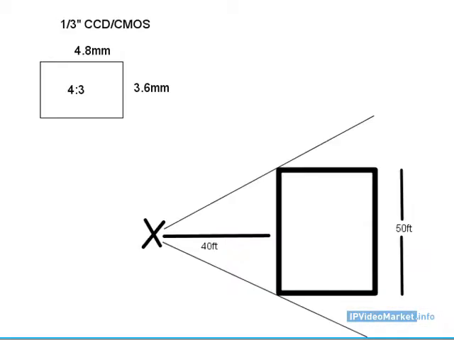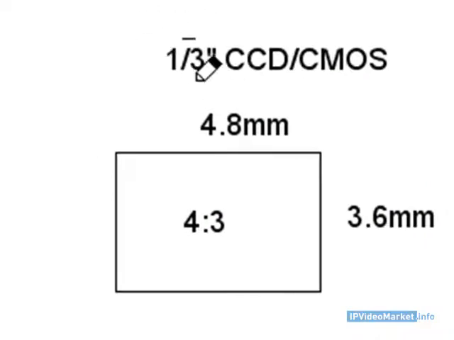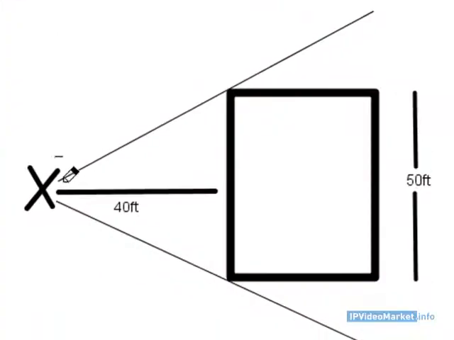Once again, let's quickly look at what we did know. We knew we were dealing with a 1/3 inch imager, and we plugged that in, and we knew we were going to be 40 feet away, so we plugged that in, and then we adjusted our focal length until our horizontal field of view gave us 50 feet, and that was enough of a horizontal field of view at 40 feet away to capture the entire width of our parking lot.